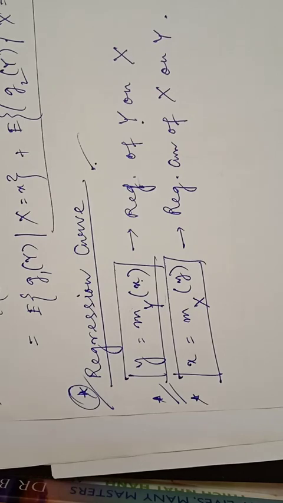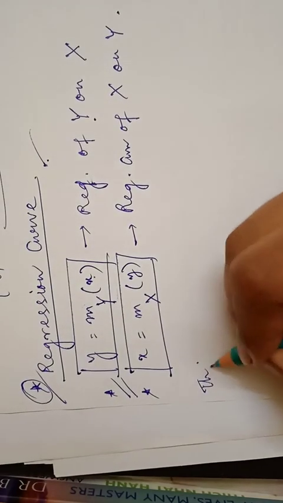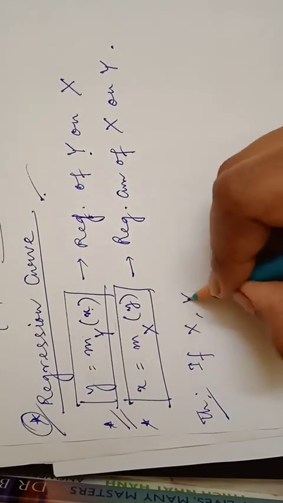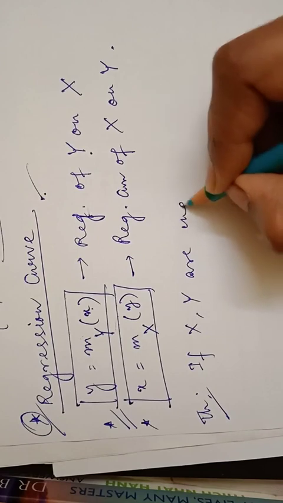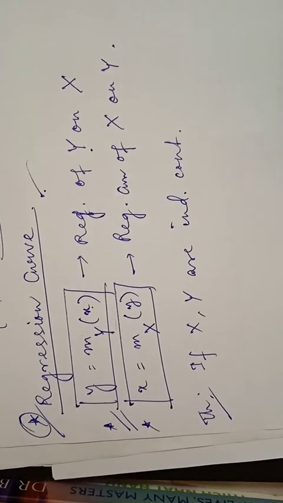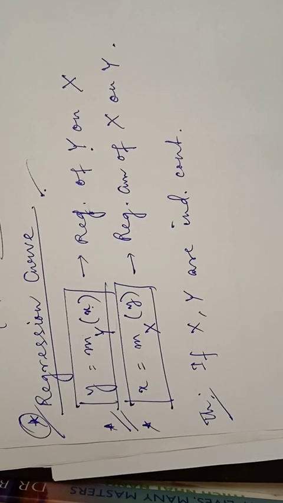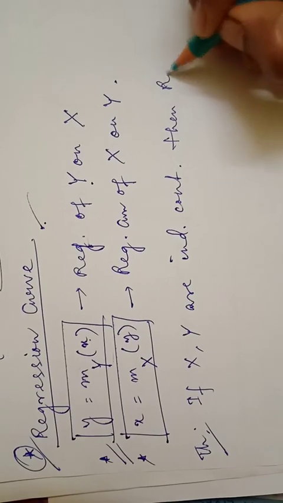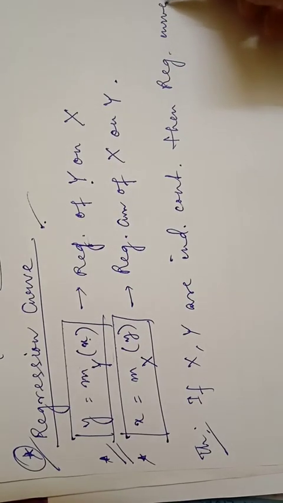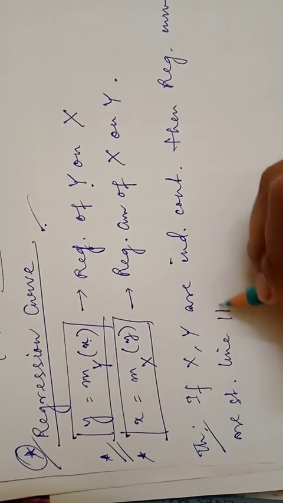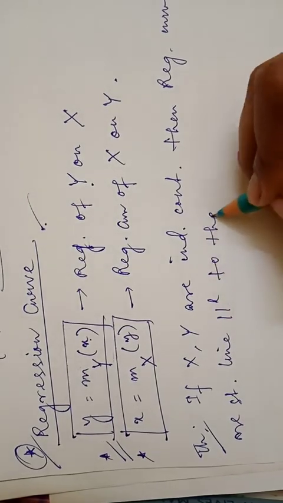Now let's prove one theorem. It states that if x, y are independent continuous random variables or variates, then the regression curves are straight lines parallel to the axis.